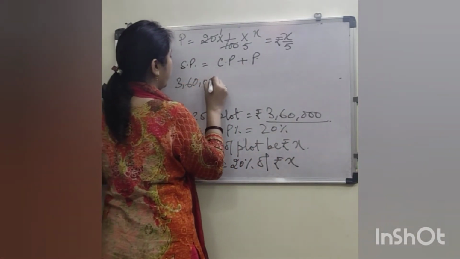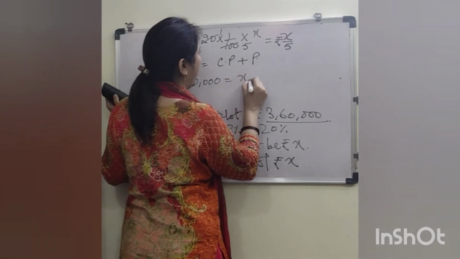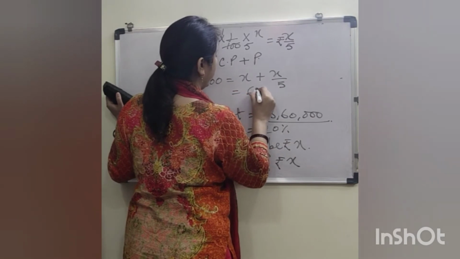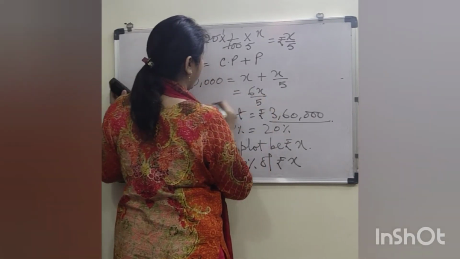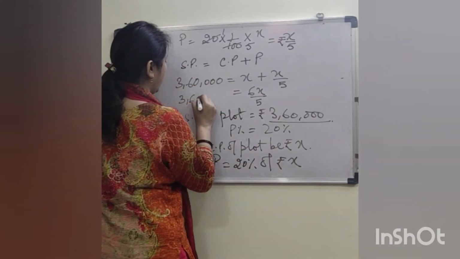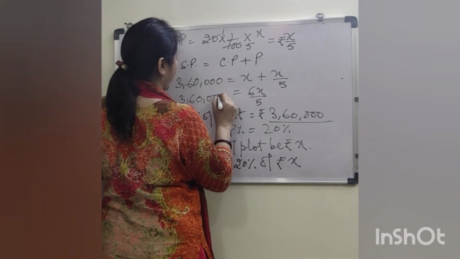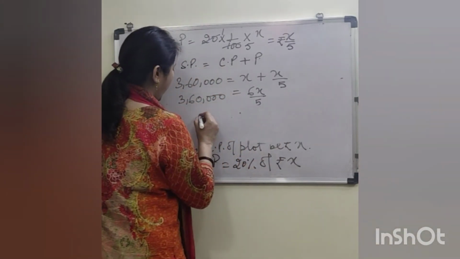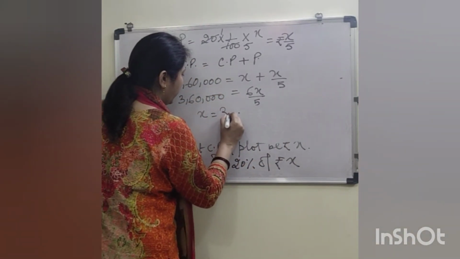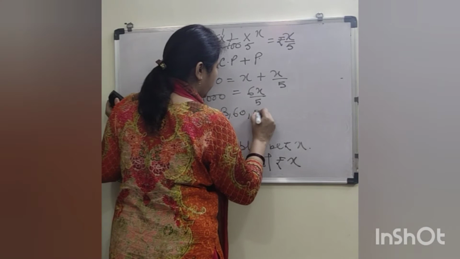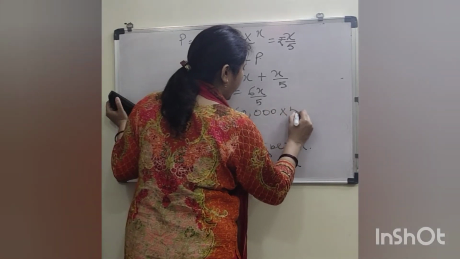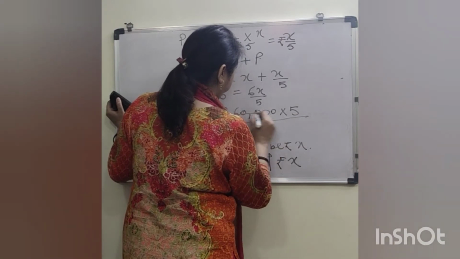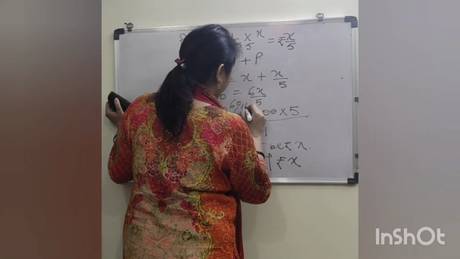So 3,60,000 is equals to X plus X by 5, which is 6X over 5. Now you have to calculate the value of X. So X is equals to 3,60,000 into 5 by cross multiplication divided by 6. 60,000.